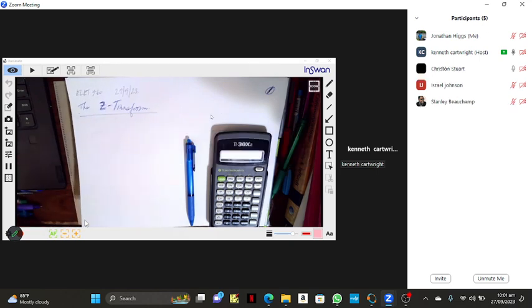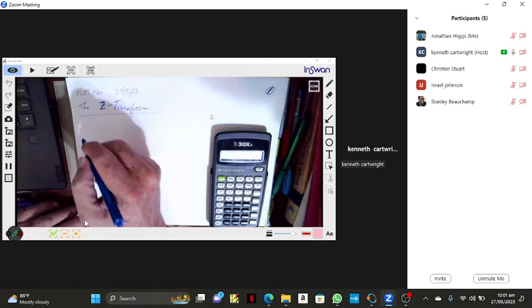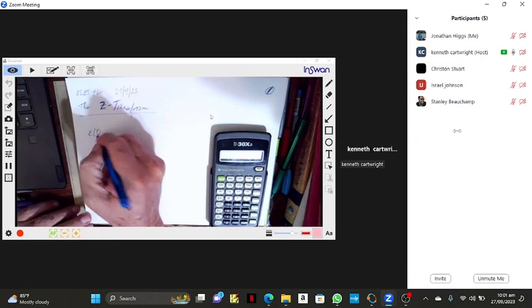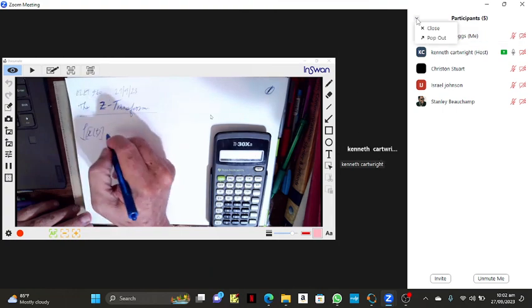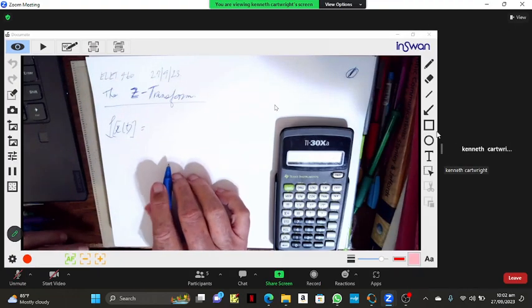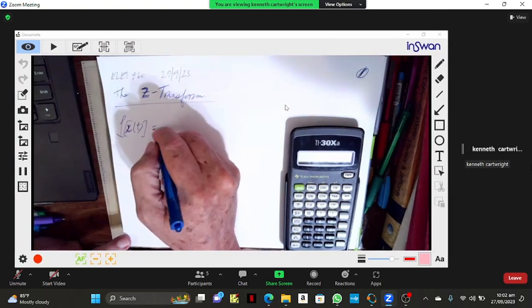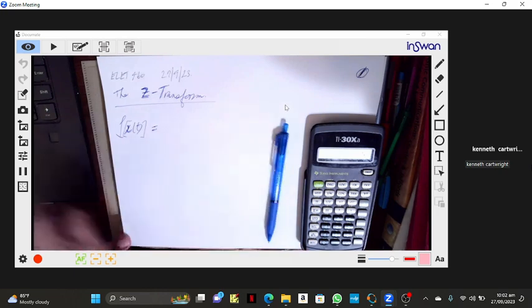I want to talk about the Z transform. I hope you remember the Laplace transform. We have a signal x of t, Laplace of x of t. What do we call Laplace of x of t? What's that called? What's the name we give it?